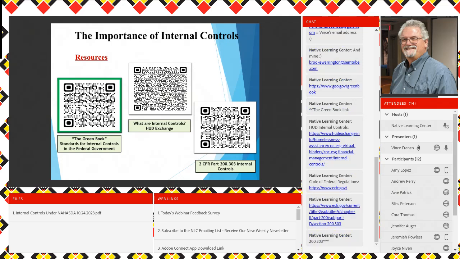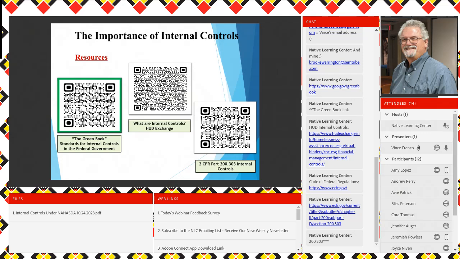What does that mean? It means that as recipients of federal funding, we have to have a certain level of comfort and understanding to know how to navigate through the internal controls, through the Indian Housing Block Grant and NAHASDA, all the different levels that pertain to our funding.